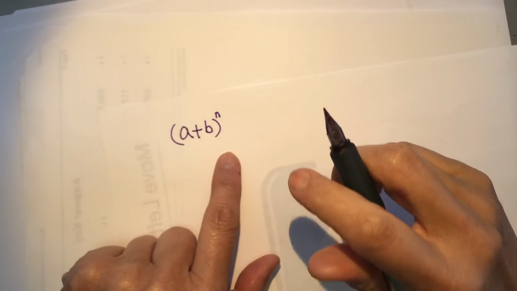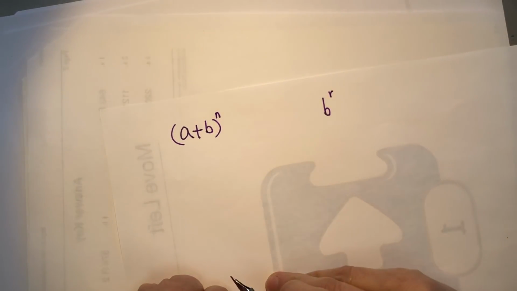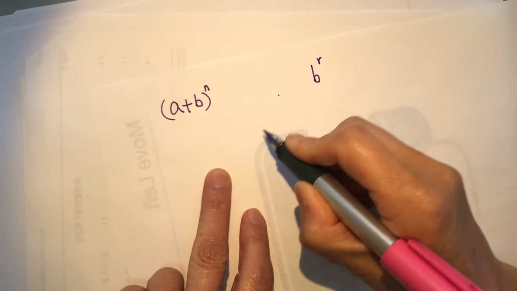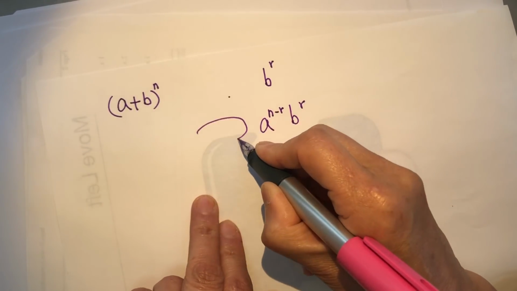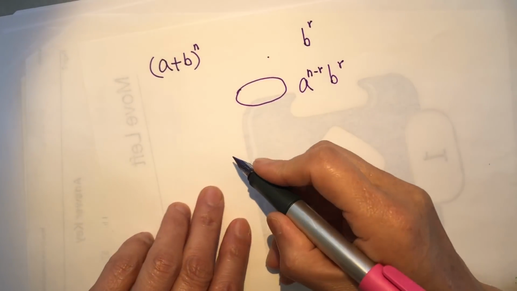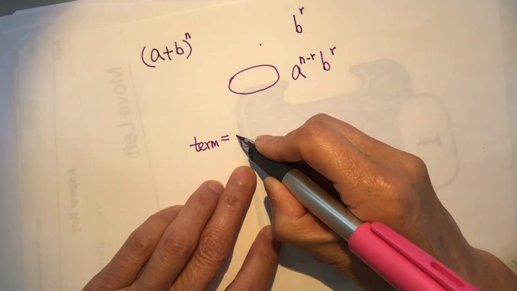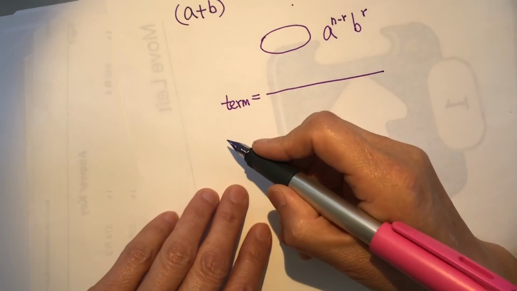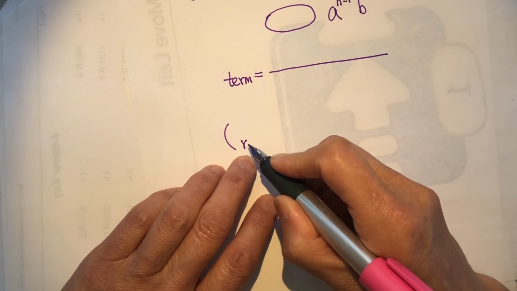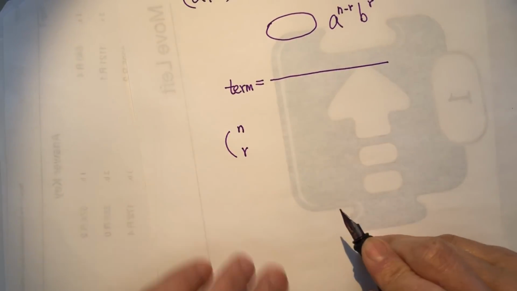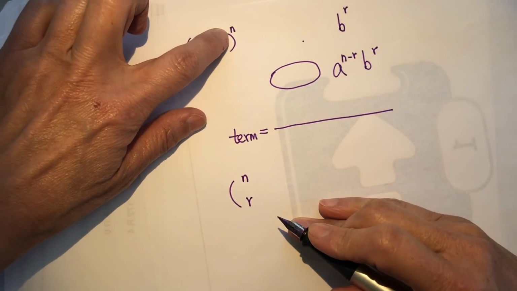And if you want to find a certain term of b to the power of r, then the coefficient of a^(n-r) b^r will be the term equal to... we can write the term as b to the power of r, and n is the power. It is very powerful. It is the ultimate power. The ultimate power is to the power of n, okay?